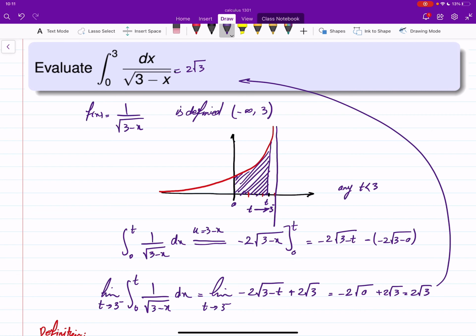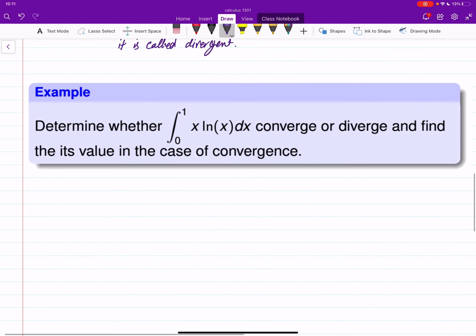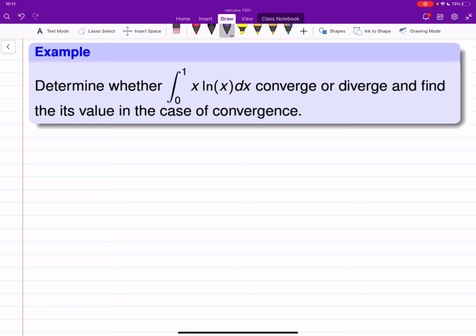Okay. Well, let's do another example here: the integral from 0 to 1 of x ln x. So our function is x ln x, defined only on the open interval 0 to 1, and actually it is defined up to 1 but not at 0.